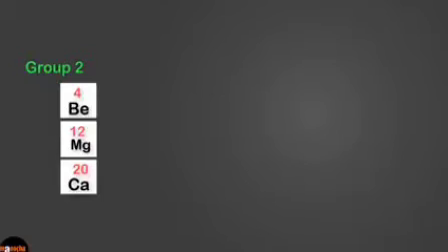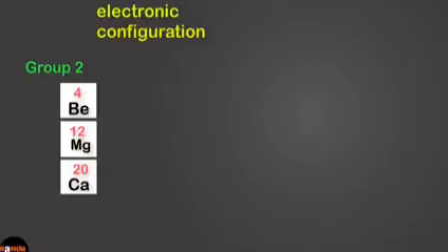Now let's look at group 2. Here we have beryllium, magnesium and calcium. Similarly, let's write down their electronic configurations. Beryllium with an atomic number 4 is going to be 2, 2. Magnesium, which has an atomic number of 12, the electron configuration is going to be 2, 8, 2. And calcium, which has 20 electrons, is going to be 2, 8, 8, 2.